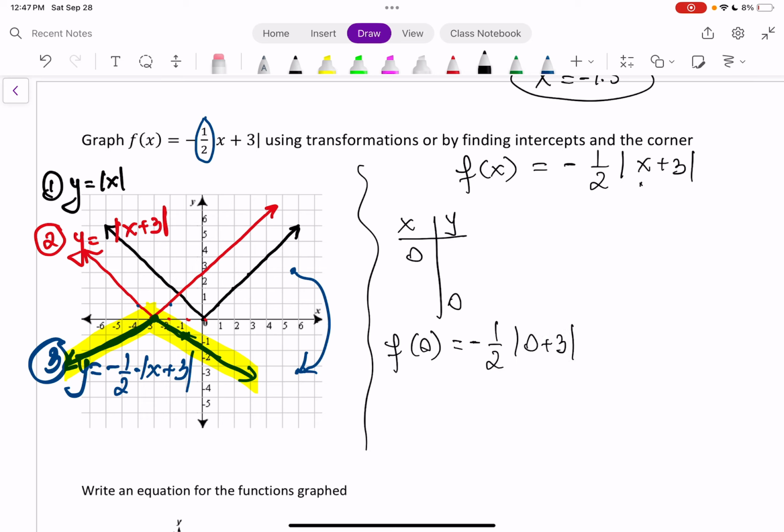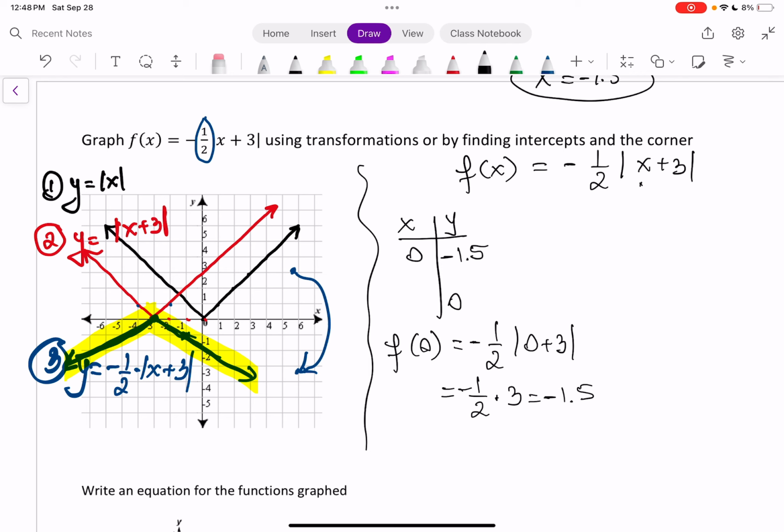So when I plug in a 0 for x, 0 plus 3 is 3. Absolute value of 3 is 3. So we're going to get negative 3/2 or negative 1.5. So this is the y-axis intercept. X is 0, y is negative 1.5. Okay. All right.